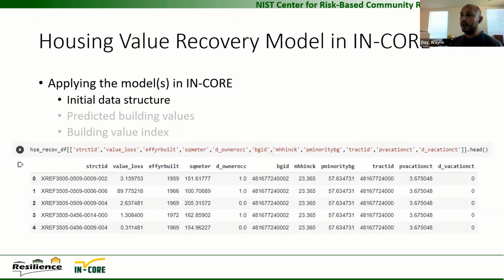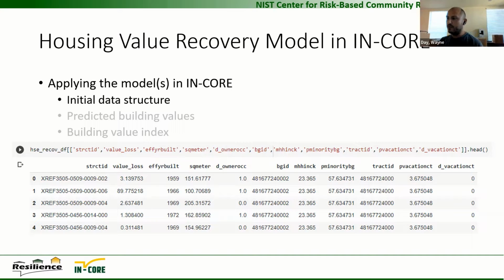So applying the models to NCORE, you've got your initial data structure. Each row here is a parcel. You can see the variables, the columns of the data that are needed to run the estimation.